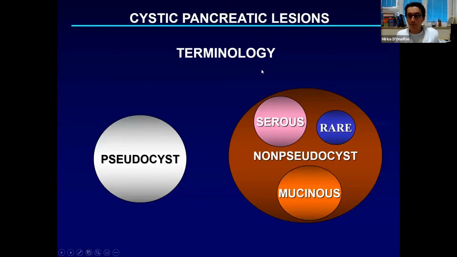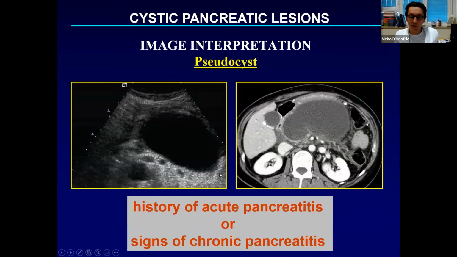Moving to another chapter of pancreatic pathology, that is the cystic lesion in the pancreas. So we have pseudocystic lesions and we have cystic tumors of the pancreas. It is very easy to solve the problem of a pseudocystic lesion, because we can have a pseudocystic lesion only if there is a story of acute pancreatitis or signs of chronic pancreatitis.